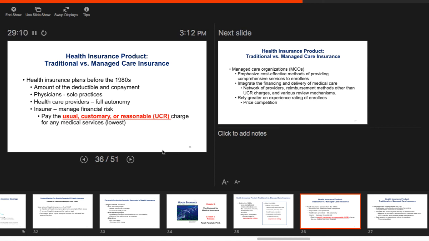So usually they paid the lowest amount among the usual, customary, or reasonable charges. The insurers managed only this financial risk, by paying the lowest amount based on the usual, customary, and reasonable charges.